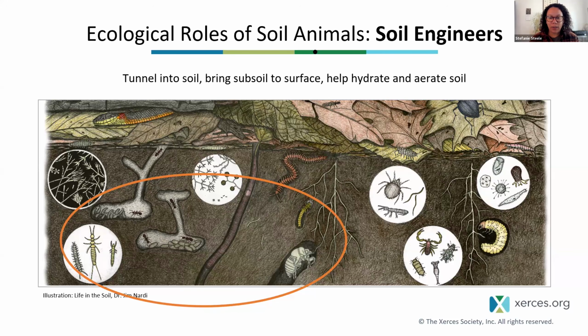Through that action, they're also carrying air and water down deeper into the layers. This helps to aerate and hydrate the soil. Through this work, they also create channels for plant roots, which could prefer to grow through these areas of least resistance. So it's helpful for that too.